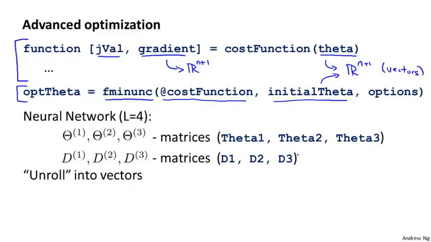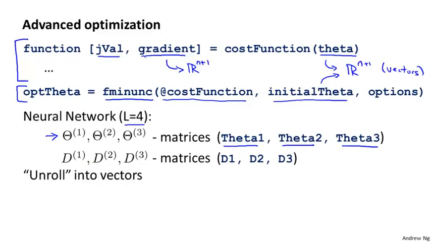This worked fine when we were using logistic regression, but now that we're using a neural network, our parameters are no longer vectors, but instead these are matrices, where for a 4-layer neural network we would have parameter matrices Theta1, Theta2, Theta3 that we might represent in Octave as these matrices Theta1, Theta2, Theta3.